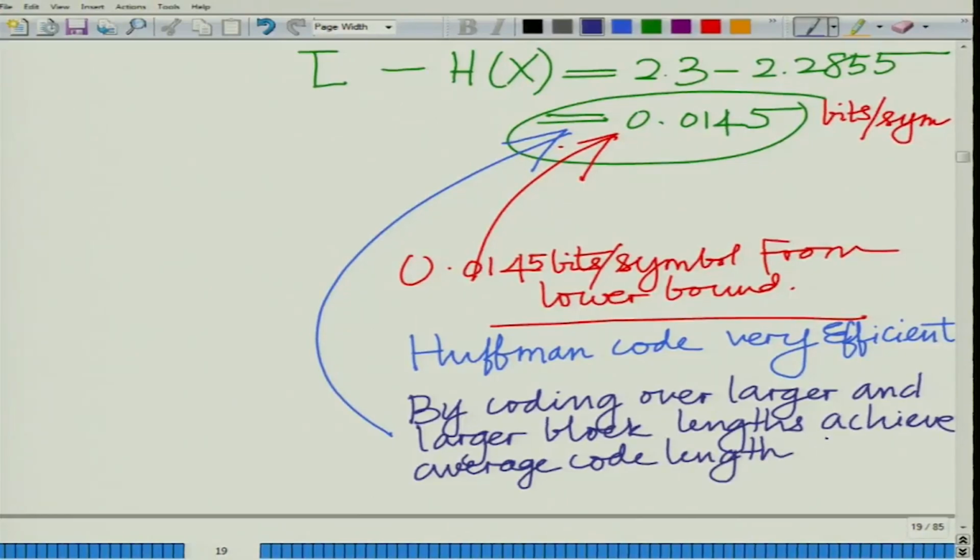So by coding over larger and larger block lengths, one can achieve an average code length that is arbitrarily close to the lower bound, which is the entropy of the source.